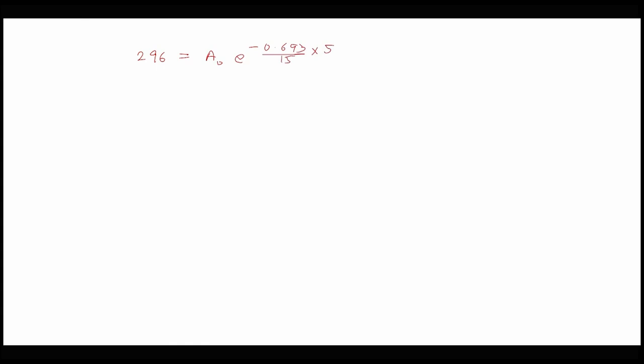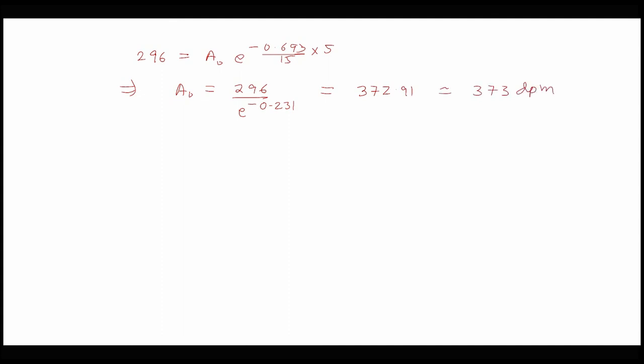So from here we obtain A0 equal to 296 divided by e^(-0.231), which is equal to 372.91, or we can write it as 373 disintegrations per minute.